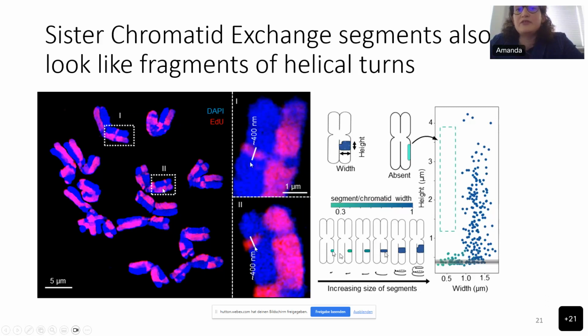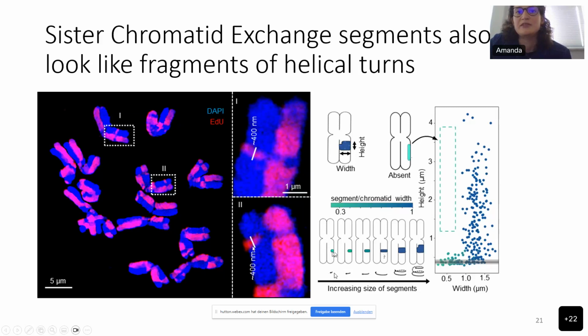But when it covers the full chromatid width, then it would only grow in the height direction. So we would never see a sister chromatid exchange that is very tall along the chromosome arm but very thin. And these kinds of segments look like segments of the helical turns too.